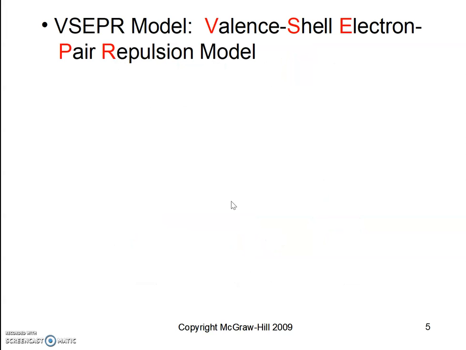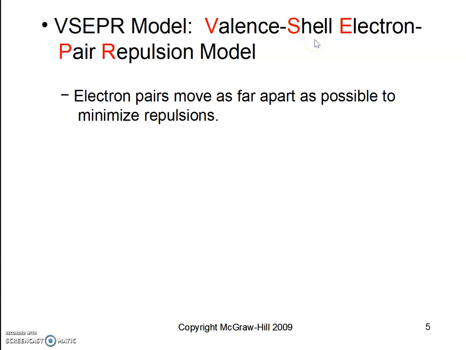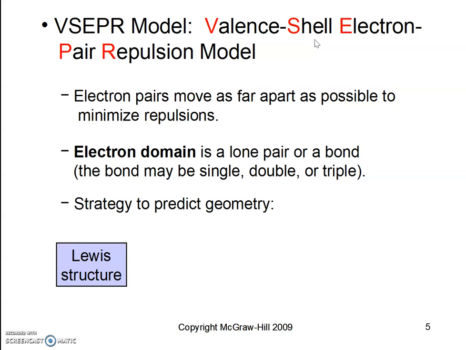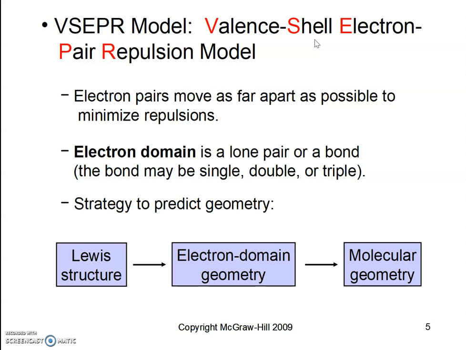I already told you this, but they give it to you again: valence shell electron pair repulsion. Essentially this is what I've said. Electron pairs move as far apart as possible to minimize repulsion.